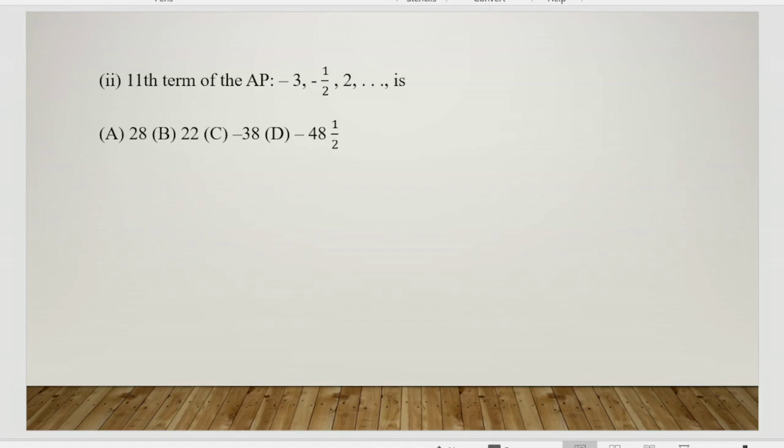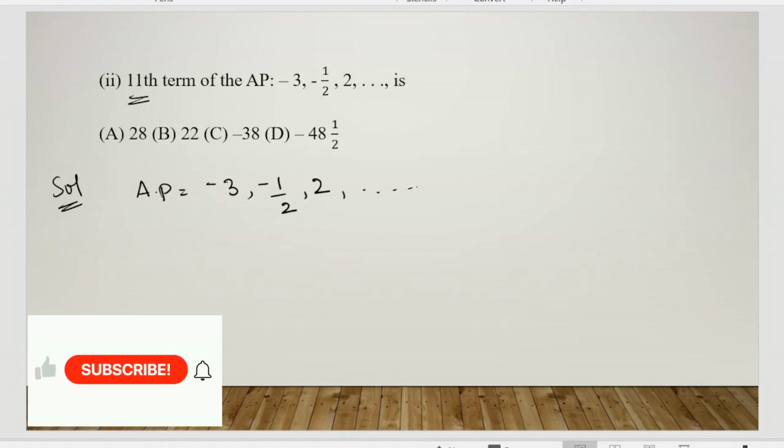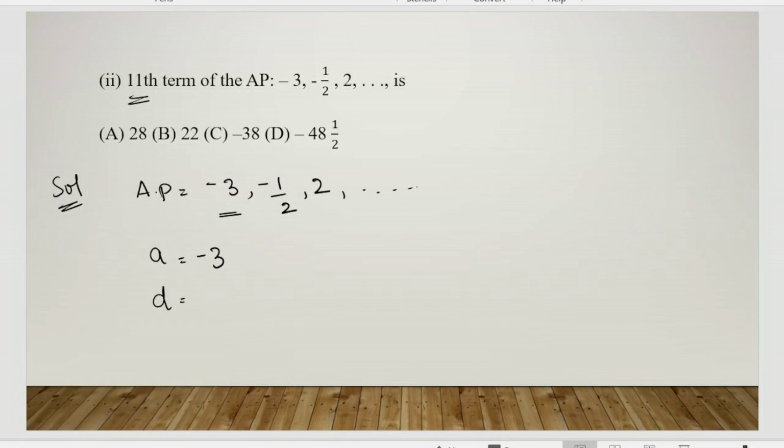Now let us solve the second bit, the 11th term of an AP. We need to find the 11th term of an AP. What is given is the AP minus 3, minus 1 by 2, and 2. This is the first term, A is equal to minus 3, and the common difference is A2 minus A1, that is minus 1 by 2 minus of minus 3.